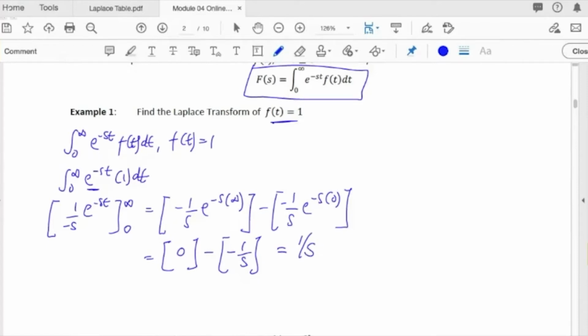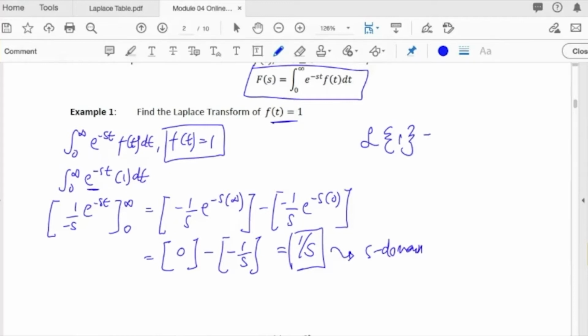So you can see that in the time domain, you have that value, and in the s domain, you have that value. This is the value after transformation, which is in the s domain. So it tells you that if you apply the Laplace transform to 1 in the time domain, it becomes 1 over s in the s domain.